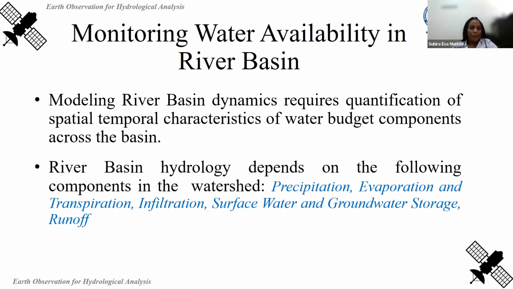And when we talk of water budgets, these are things that will control what is available: evaporation, transpiration, infiltration, surface water, groundwater storage, how much runoff do we have?